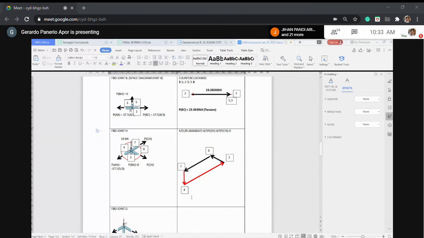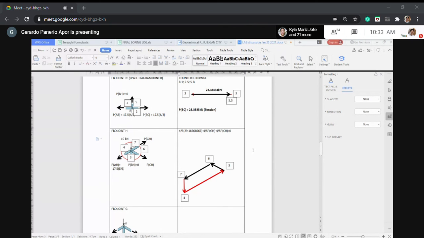That's it. Okay, you have two unknowns, so you need another equation. The other equation is the sum of the vertical forces.